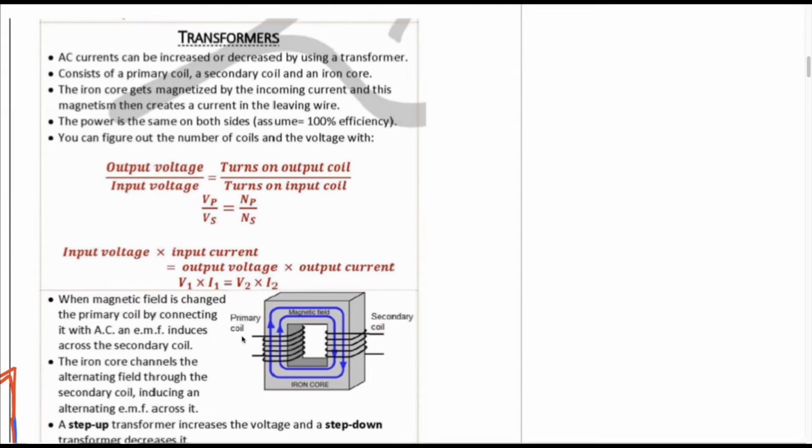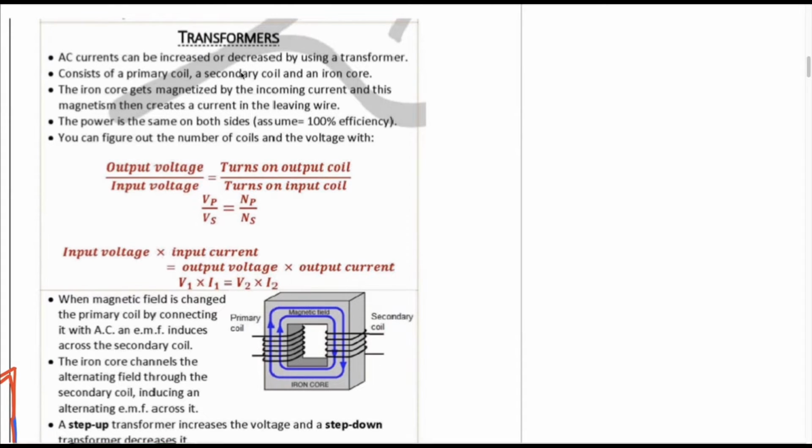The current goes in, flows, and comes out. And we are using alternating current. So at one moment the current goes in from here and comes out from here. At the other moment, the current goes in from here and comes out from here. So it keeps changing directions. That is what happens on the primary coil.